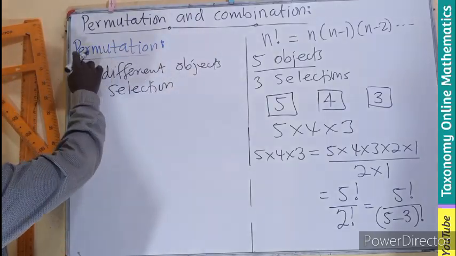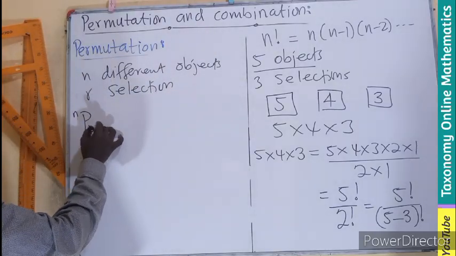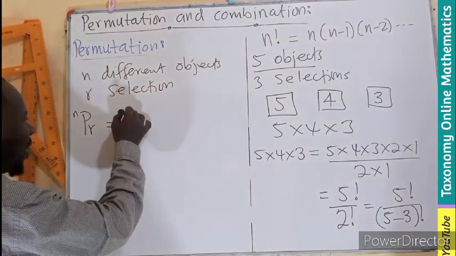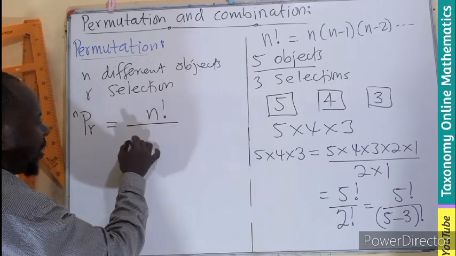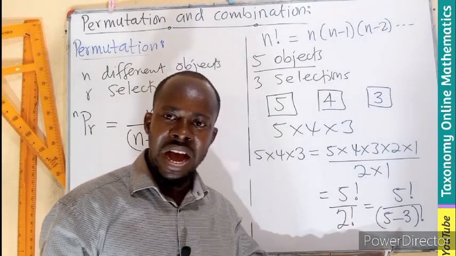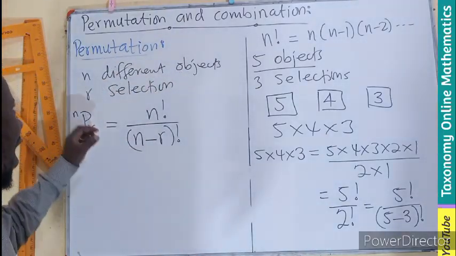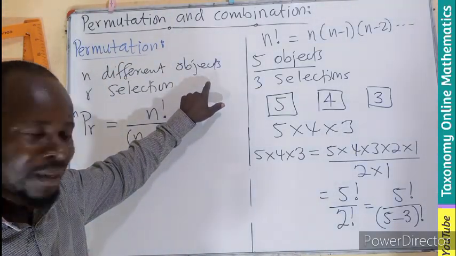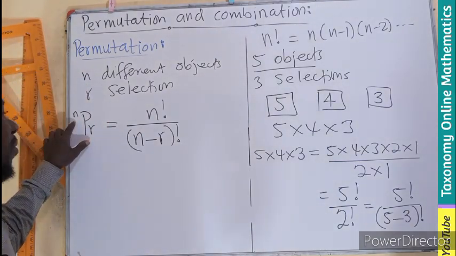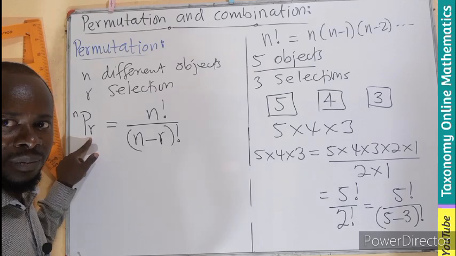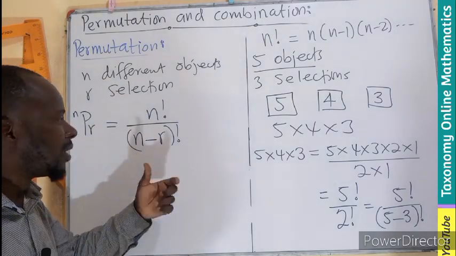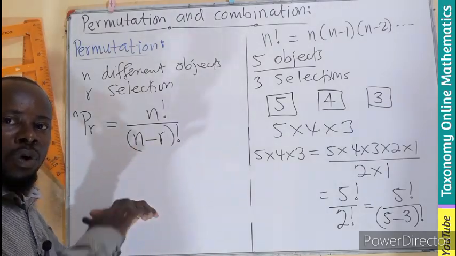Permutation is P, so we use P of n and r, where n is the 5, equals n factorial divided by n minus r factorial. So when I have n different objects and I'm selecting only r at a time, n permutation r equals n factorial divided by n minus r factorial.